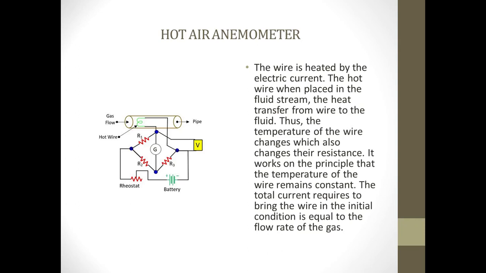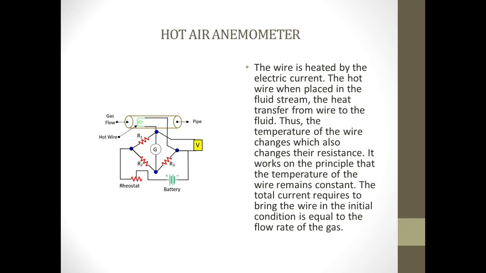However, it can measure only the average velocity of flow. The method is unsuitable for velocity measurement if the fluid is conducting in nature. The main applications of hot wire anemometers are for gas flow and wind velocity measurement and in laboratory for flow measurement of non-conducting liquids and gases.